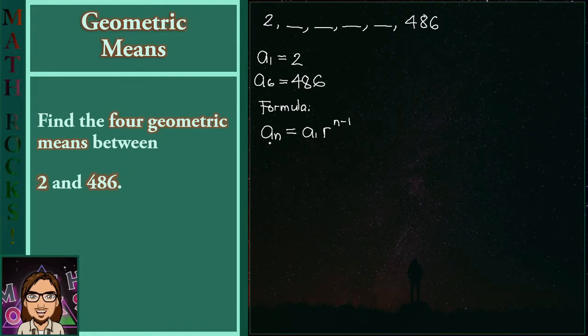So if we would like to run a data sufficiency test first, before assuming that we could make use of such formula, then we may have our a sub 6 be the a sub n right here. So that means we will have a certain value that replaces the a sub n in this formula. And since we are given the information about the first term or the a sub 1, there will be a certain value that replaces this in our formula.